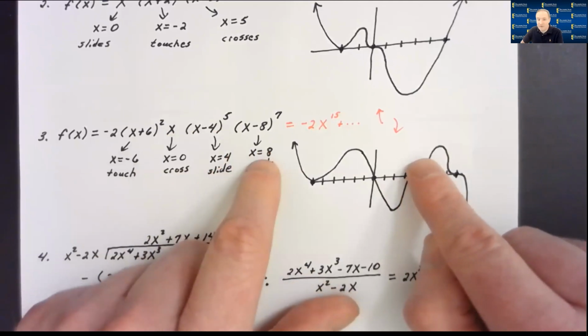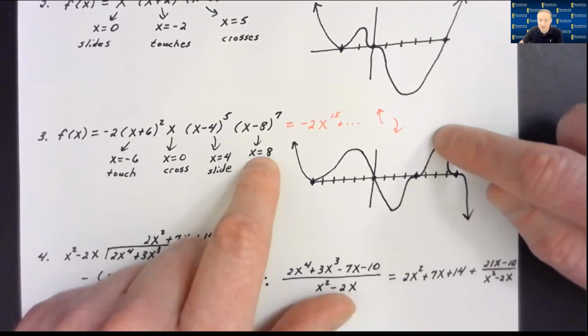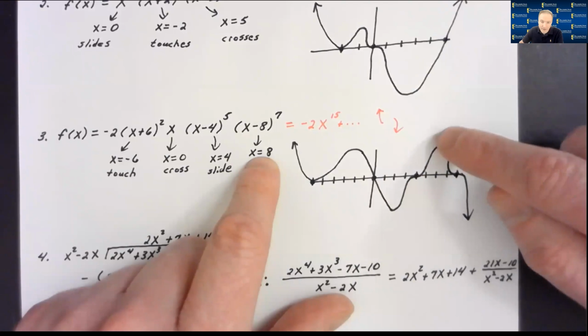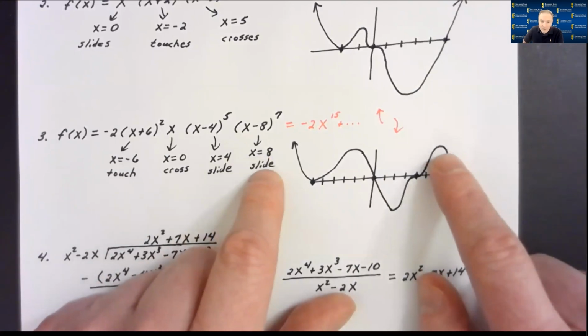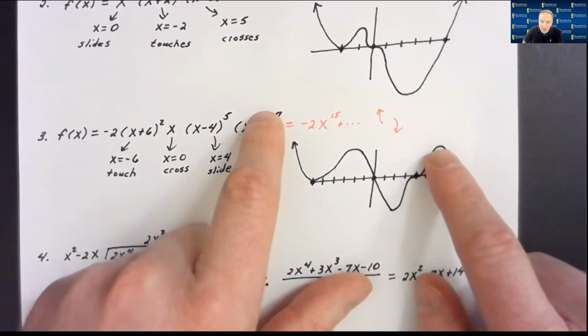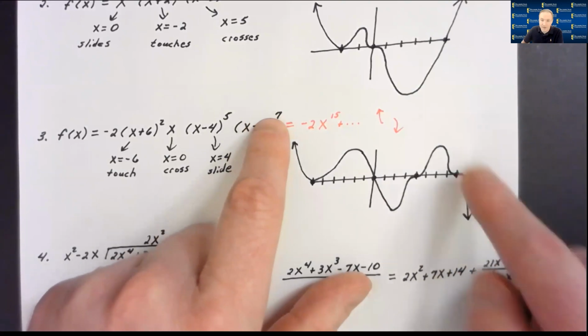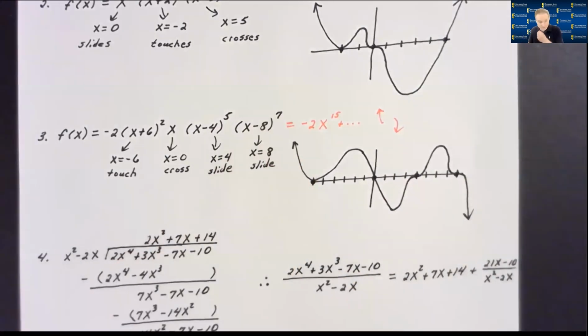Sorry, it has the next intercept at 4. It hits a maximum value right around 6. And then it starts coming back down. Now, I know it's going to cross at 8, and again, it crosses in a sliding pattern because of the odd power. My function is going to look something like this right here.